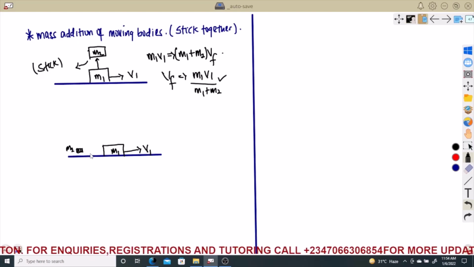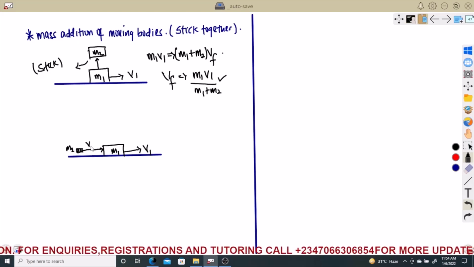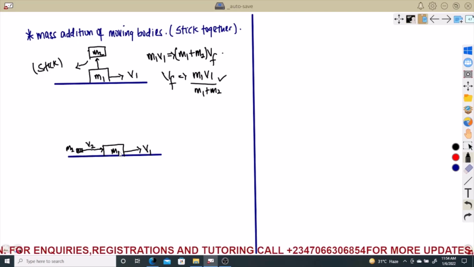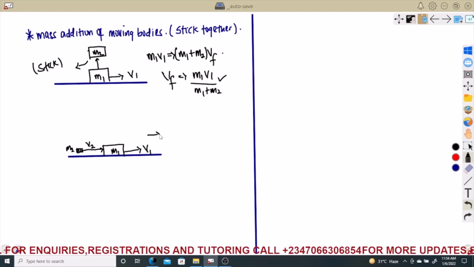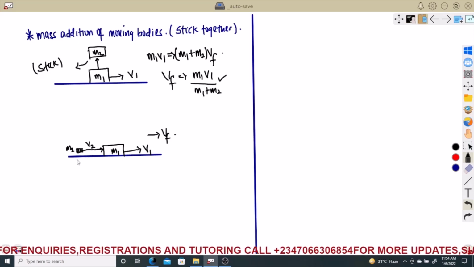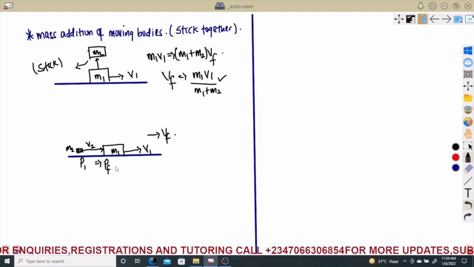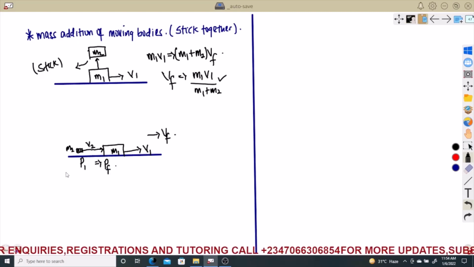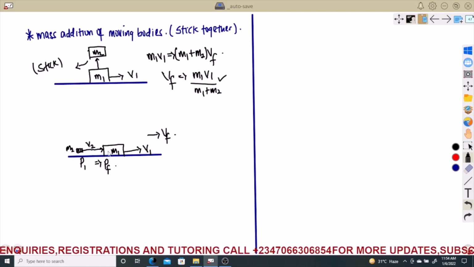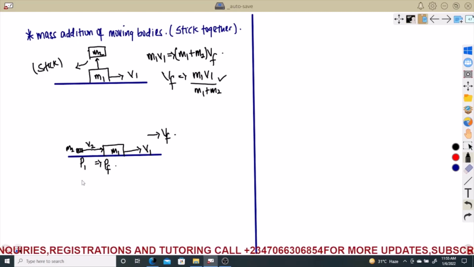It's also moving with a velocity, you can see, of V2. Now, in this case, after this body collides with this body, both of them will now have what? A final velocity, which we call Vf. So we know that initial momentum must always be equal to final momentum. I told you momentum is denoted by rho or P. That's the way we write it in physics. So initial momentum here, from what you can see, you don't need to waste your time. Initially, this is the body before this was fired into it. So initial momentum is M1 V1.